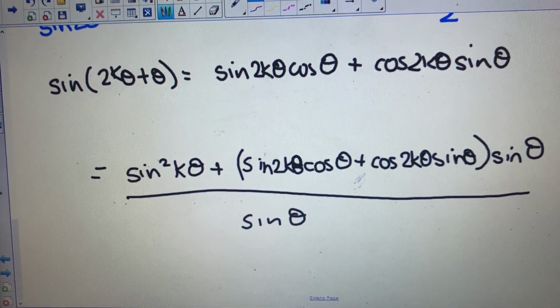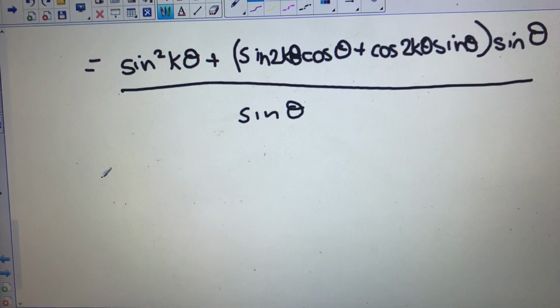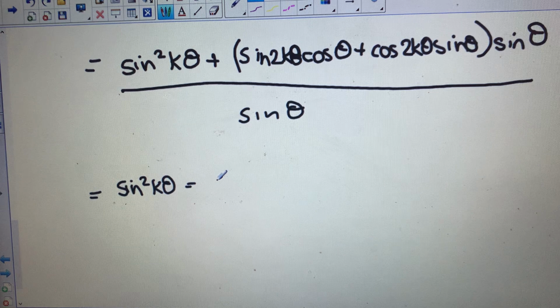I'm now going to expand out that second bracket. So when we expand that out, we're going to get sine squared k theta. Everything's going to get multiplied by sine theta. That's a plus, by the way. It looked remarkably like an equals. Okay, but it's a plus.